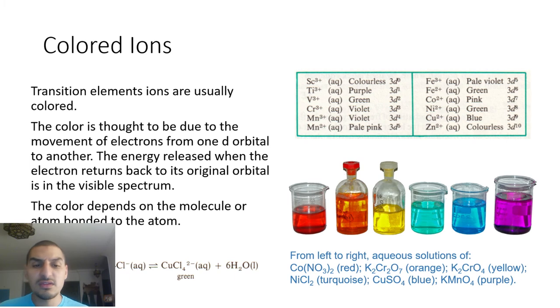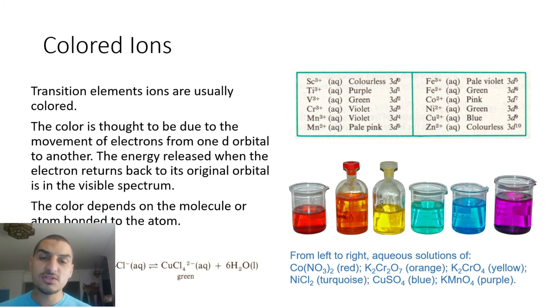And again, the reason for these colors is that the electrons in the d subshell or the orbitals have very close energies, and this is why the electron can easily get excited if some light falls on it. This light will make the electron go to a higher orbital, and then it will lose the energy and go back to its original place and release this energy that it acquired before.